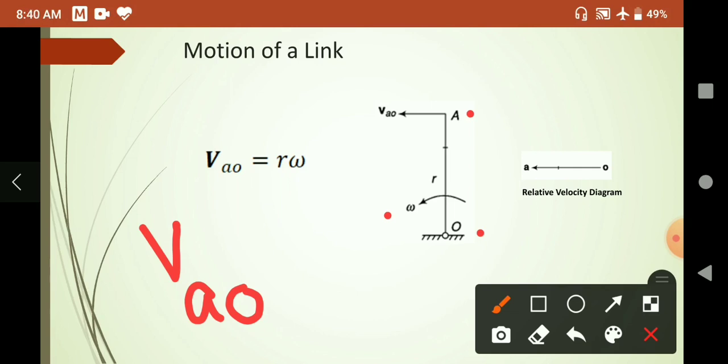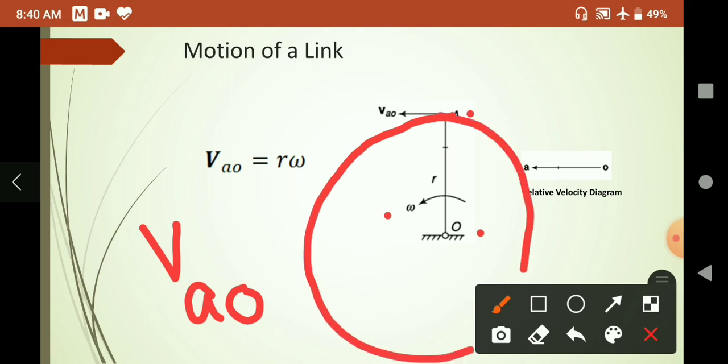Now, how to bring the previous concept here? We know that the link is undergoing a rotational motion about O. So we can consider A to be a particle which undergoes circular motion about O, right?